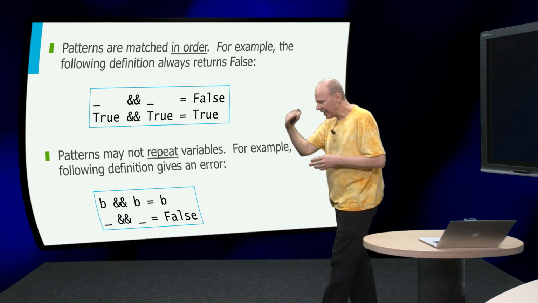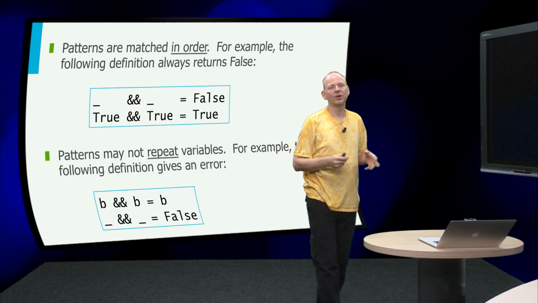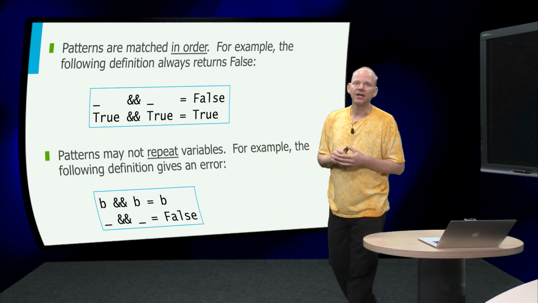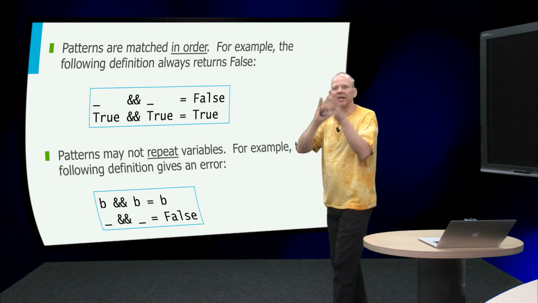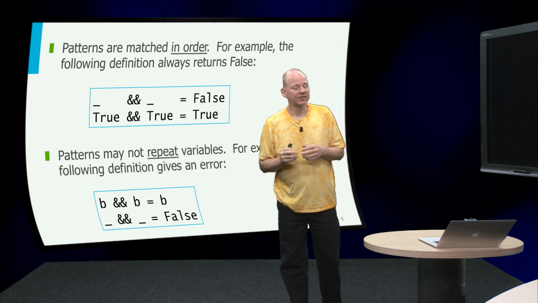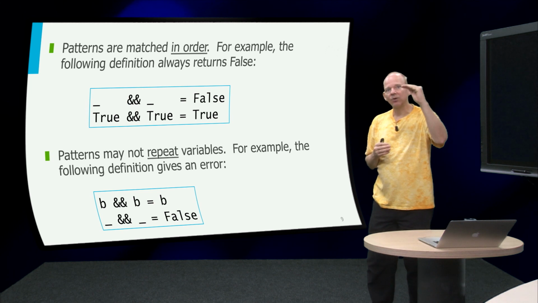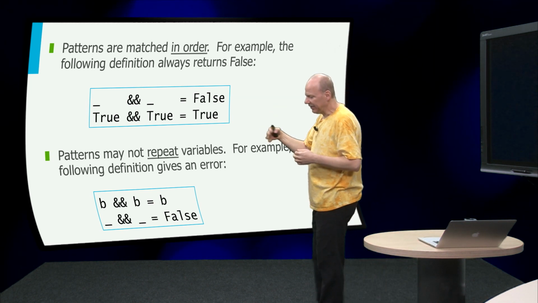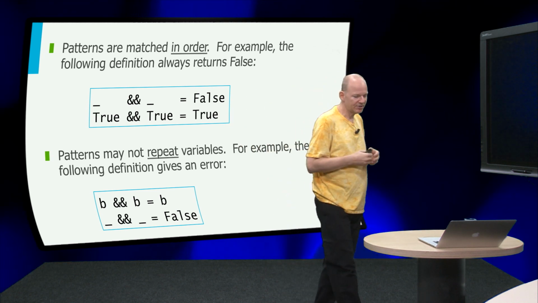Now in Haskell, patterns are matched in order. So they're matched top to bottom, left to right, or left to right, top to bottom, if I'm really precise. And so the compiler does not try to rearrange the patterns necessarily to make them more optimal, because the order is important, and you can intermix pattern matching with guarded equations.